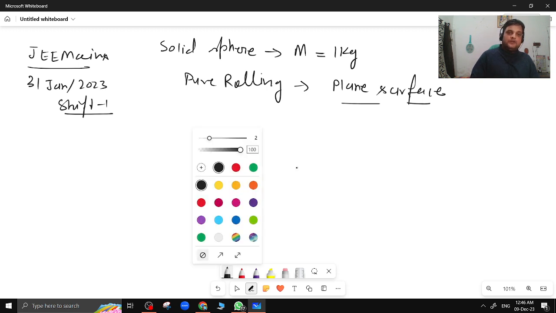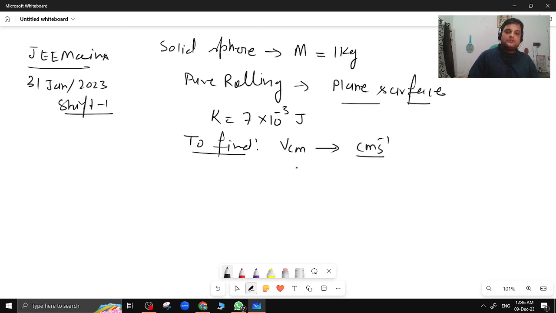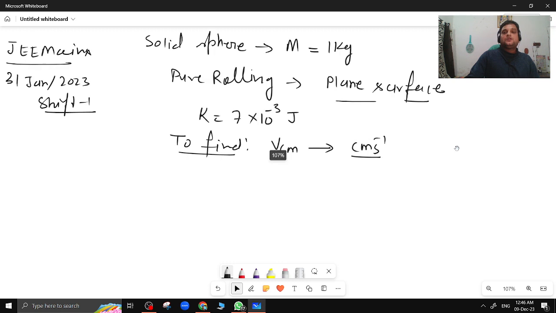They have given the kinetic energy as 7 into 10 to the power minus 3 joule, and they ask for the velocity of the center of mass in centimeter per second. The question is so simple if you know the formula.